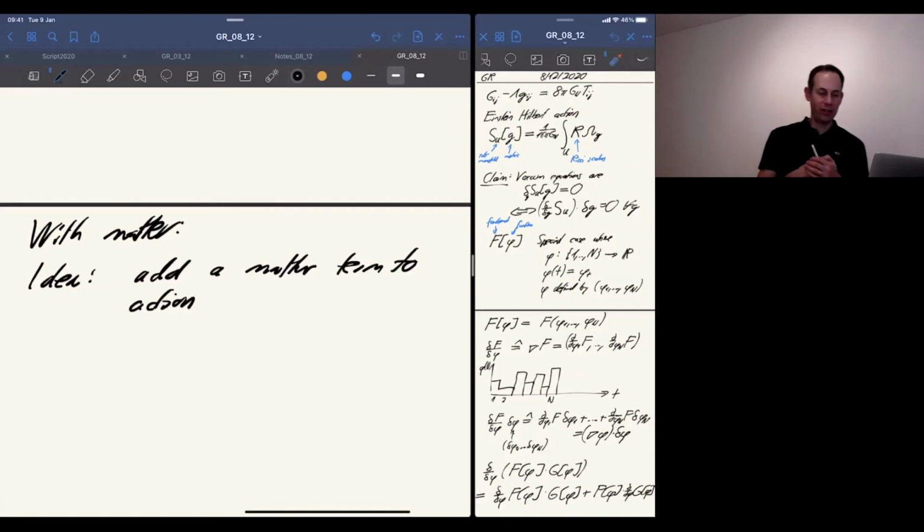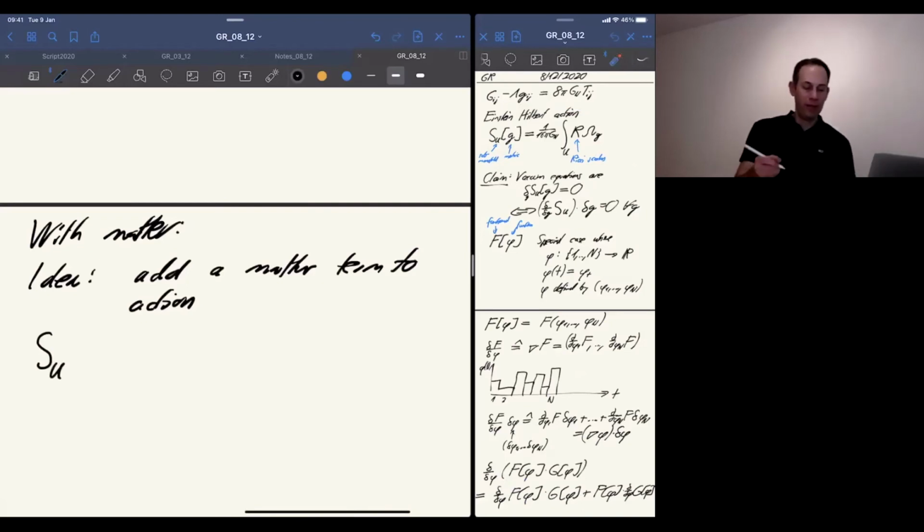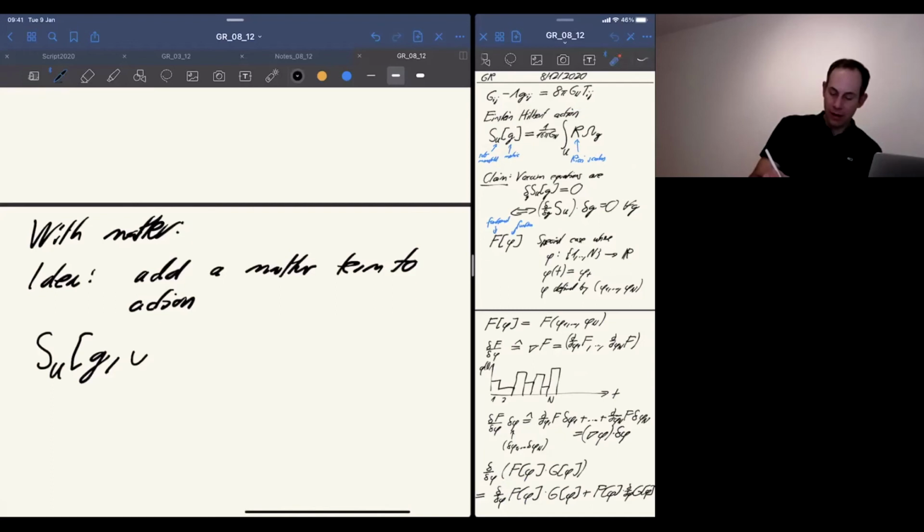So we don't have to change what we did so far. The whole calculation is still useful. We just add an additional term. So this is, of course, now again a postulate, if you want. So this is not something I will derive. But let's just see what is a general matter term. So general matter term is something that is also an action over, in general, some region U, but it's an action that depends not only on the metric G, but in general also on some field that describes the matter.